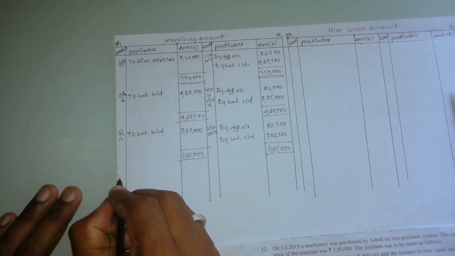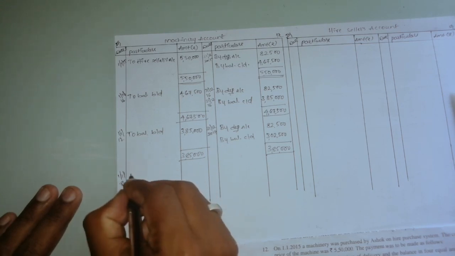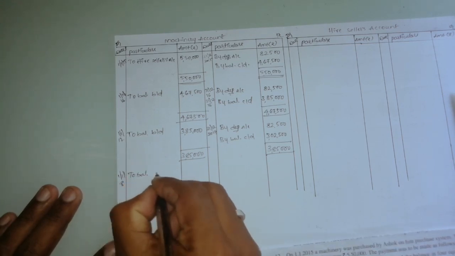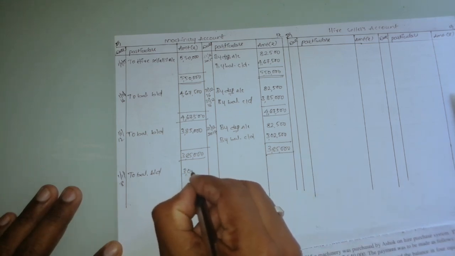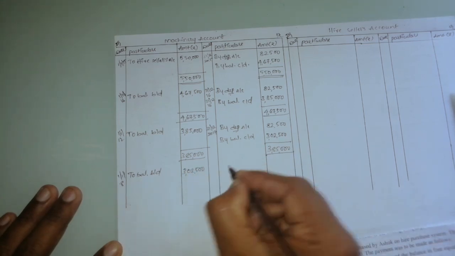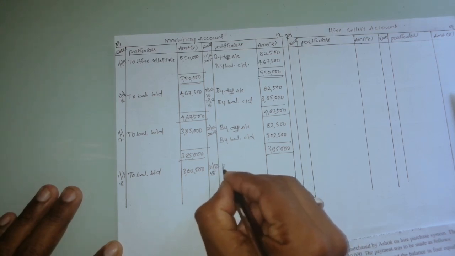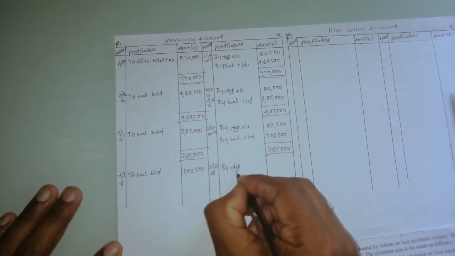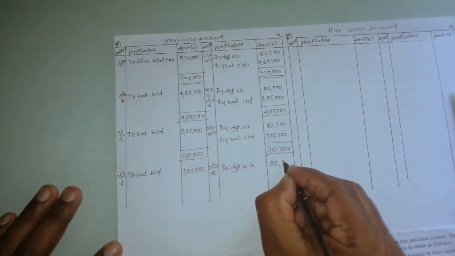Next, last year. 1/1/2018 to balance brought down 3,02,500. 31st December 2018 by depreciation account, how much? 82,500.